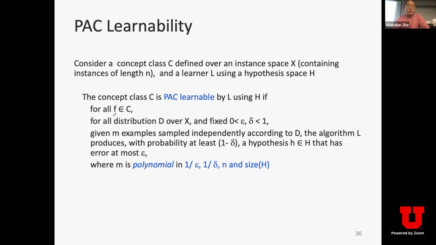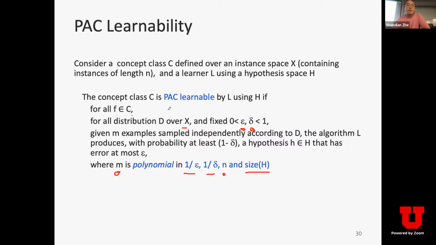For every possible target function in C, and for every possible distribution D over the instance space, and for every possible error level epsilon and probability level delta, as long as you choose a number of training examples which is polynomial in 1 over epsilon, 1 over delta, feature number, and the size of hypothesis space H, then your algorithm guarantees to produce a hypothesis with probability at least 1 minus delta to make the generalization error at most epsilon.